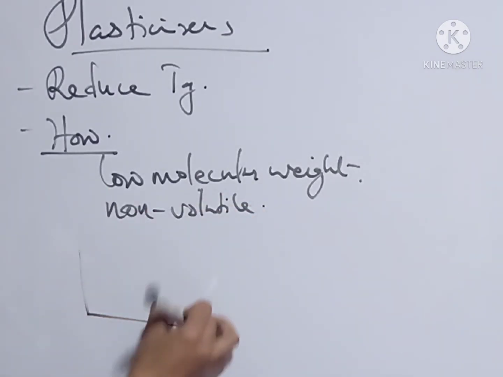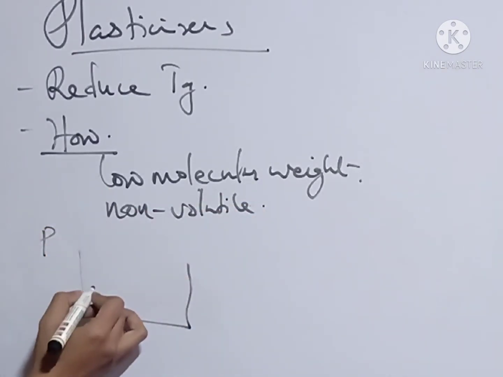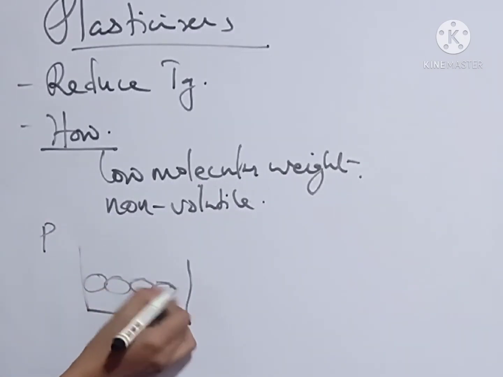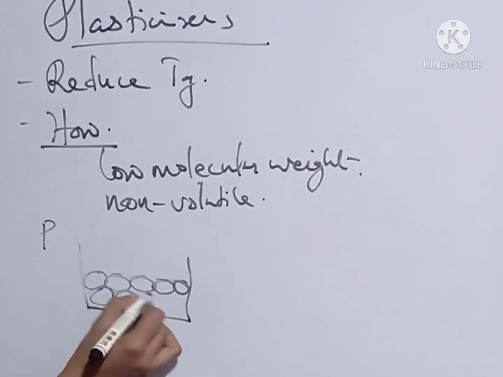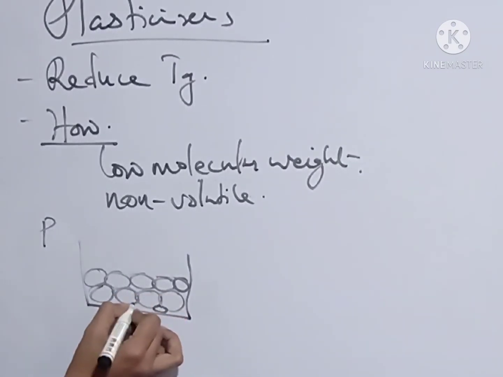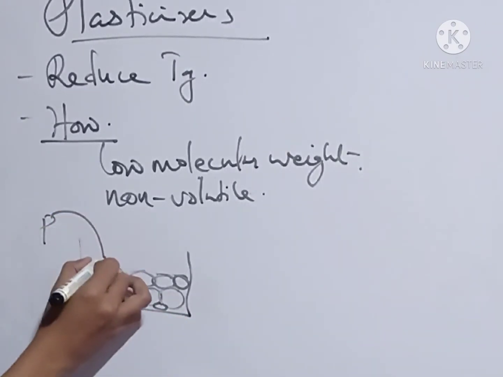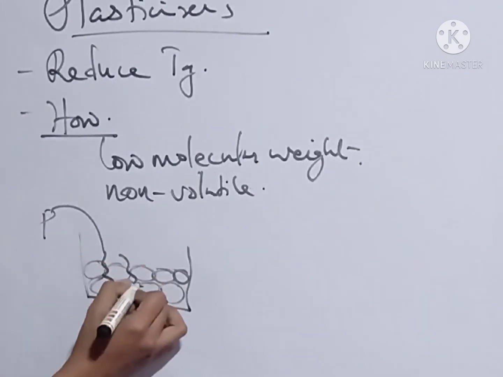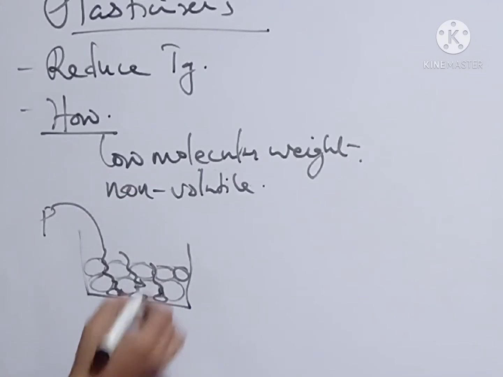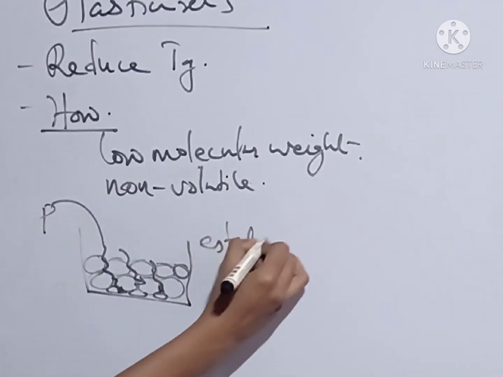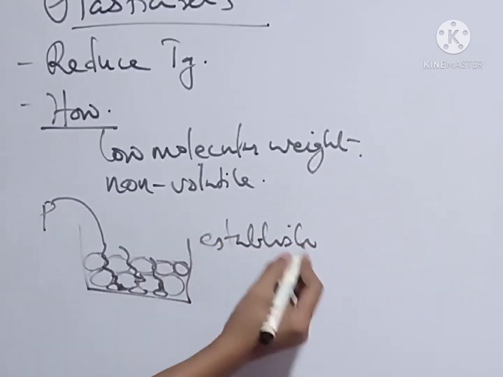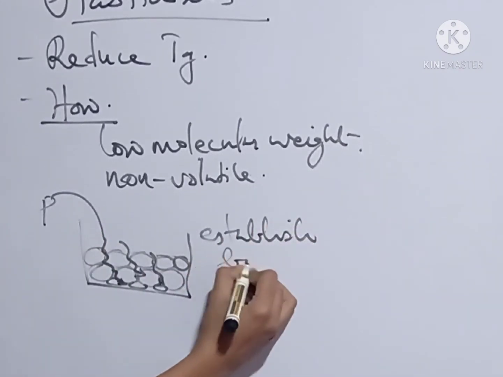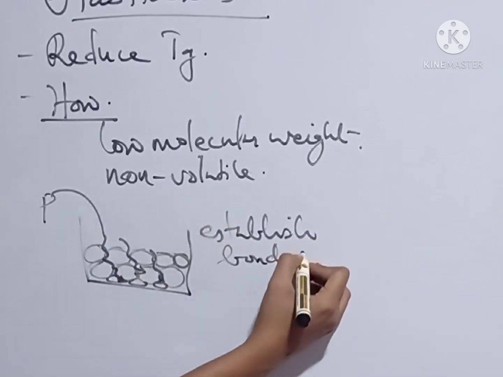So when we add plasticizers into a polymer, these plasticizers penetrate into the polymer matrix and establish bonds with polymer elements.